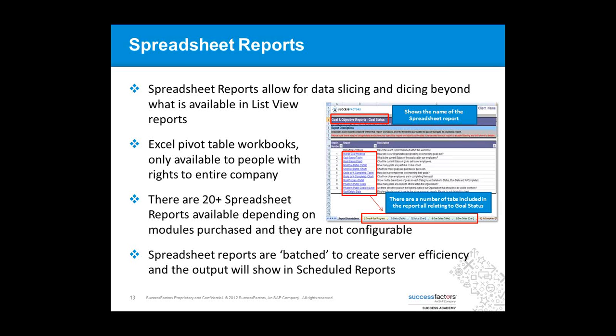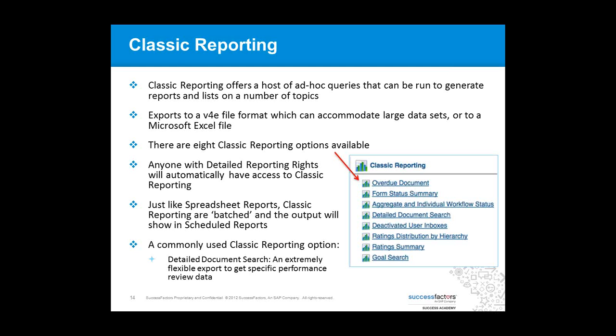Spreadsheet reports can be scheduled, and the output will show in the scheduled reports. And then there is what is called classic reporting. Classic reporting offers ad hoc queries that can be run to generate reports on a number of topics, and can be exported as well.